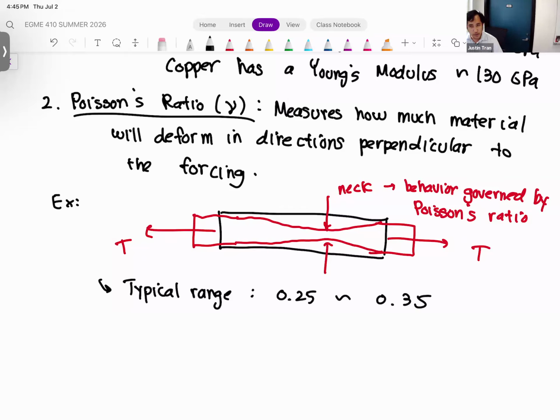Most metals are going to fall into that category. The structural steel that we used for activity one yesterday had a Poisson's ratio of 0.3, so it's very firmly in that range.